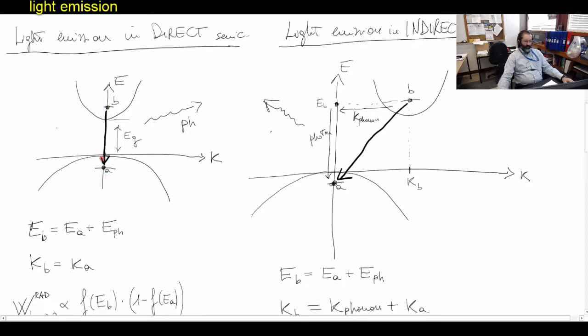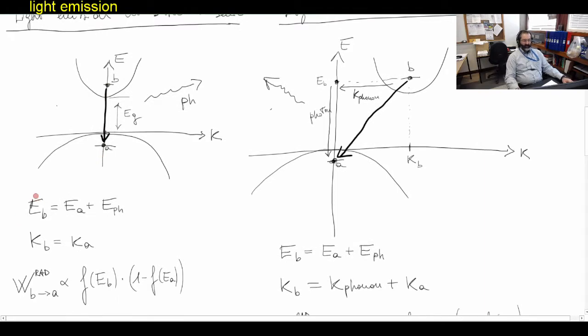The conservation laws at play here are, before the transition, the energy of the system is EB, which must be equal to the energy of the system when the electron is down here, which is EA, plus the energy of the photon emitted. It's clear that the energy of this photon will always be bigger than or equal to EG.